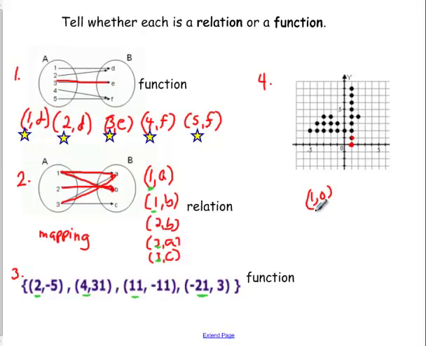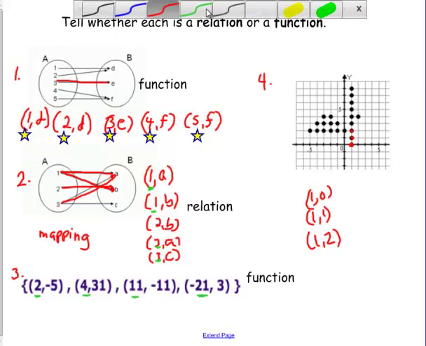And this is the point over 1 up 1. And this is the point over 1 up 2. And why do I have to look any further? Right here, my rules of a function are violated. A function cannot have x values repeat. And I'm getting a lot of x values repeating right here. These are all paired off.